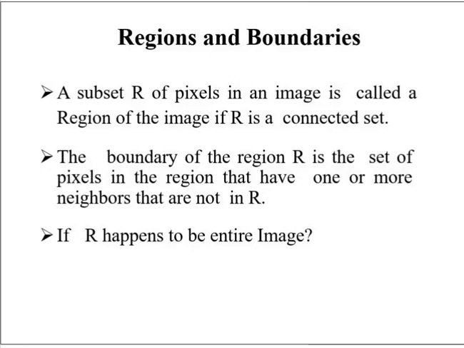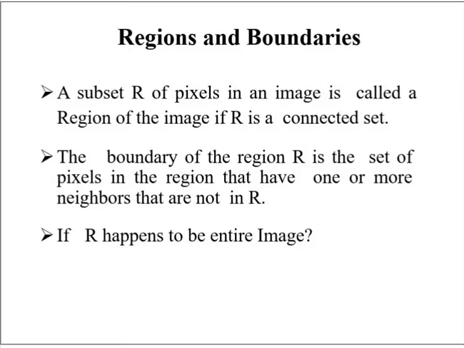Let us consider one example again. If R happens to be an entire image, which we recall is a rectangular set of pixels, then its boundary is defined as the set of pixels in the first and last row and column of the image. This extra definition is required because an image has no neighbor beyond its border.